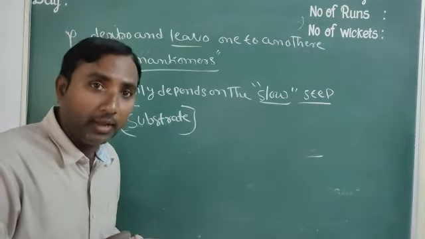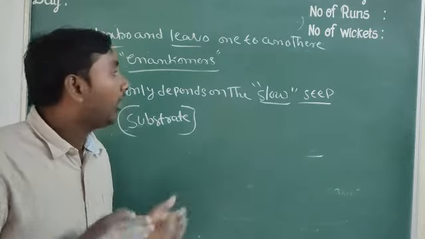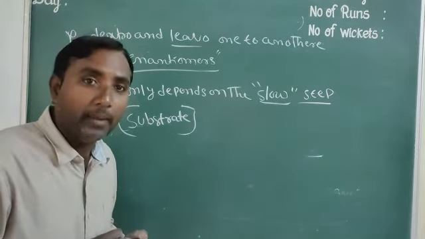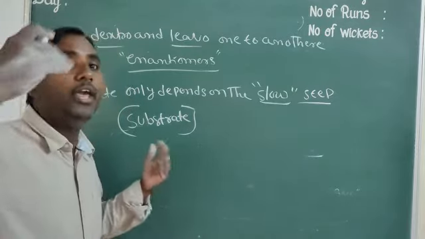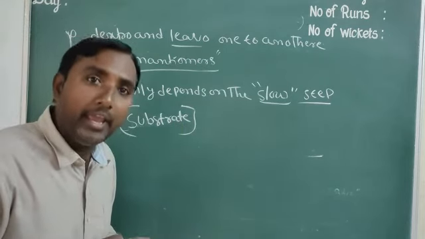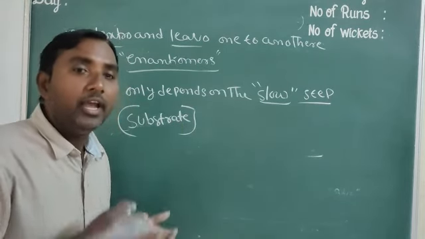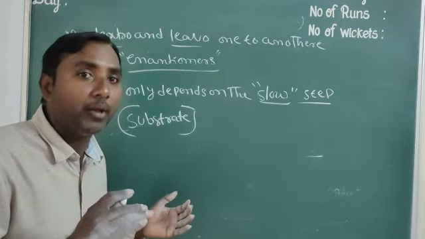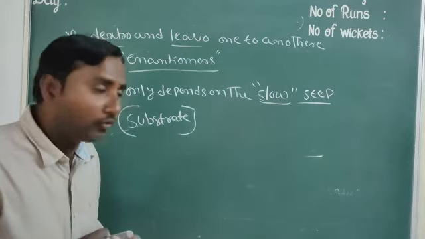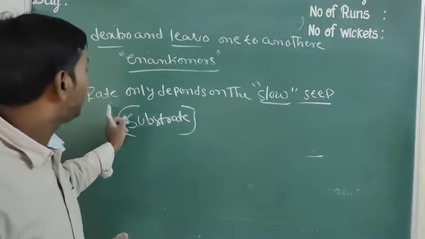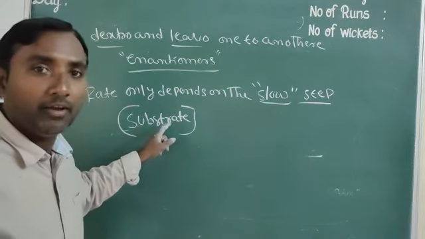According to the mechanism, in the slow step or rate determining step, only the substrate participates. That means the leaving group is eliminated from the substrate in the slow step.